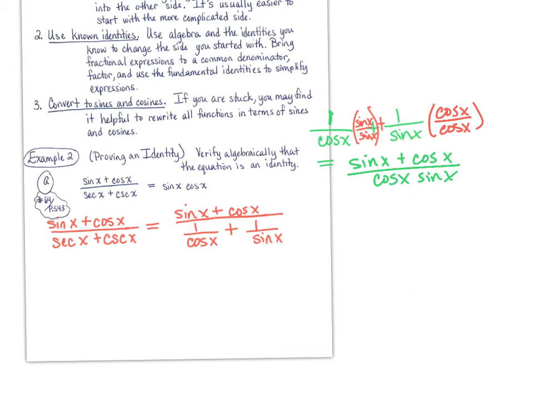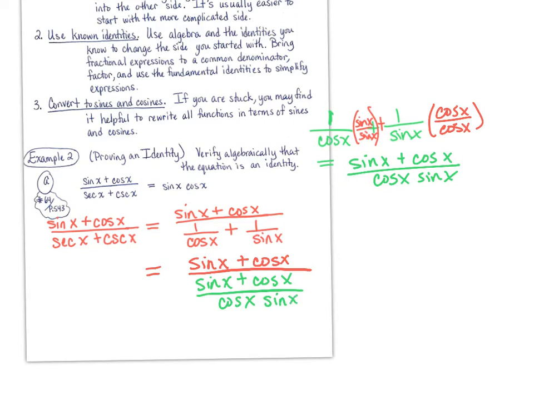You're going to have to remember your algebraic techniques. I promise you that. So this is equal to, write down your numerator. It was sine x plus cosine x. And now we're replacing our denominator with the work we did on the side: sine x plus cosine x divided by cosine x sine x. But we're dividing by that rational expression.